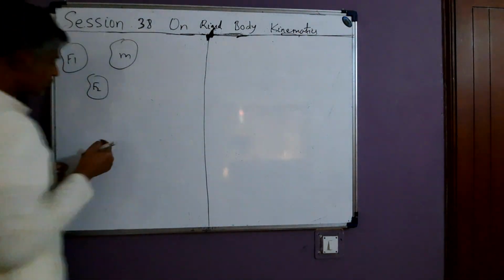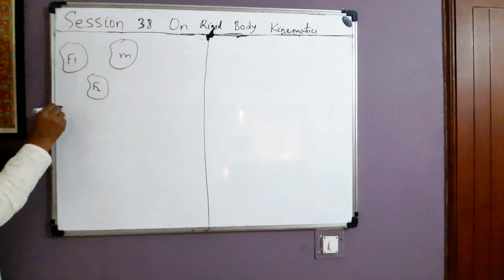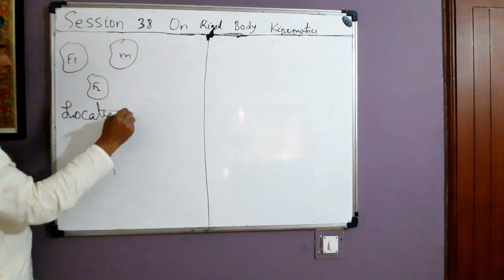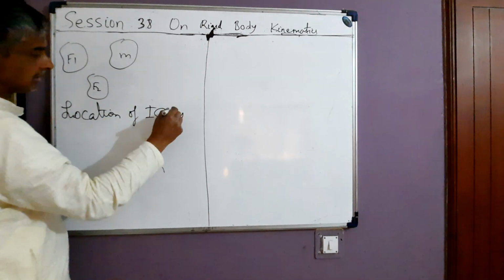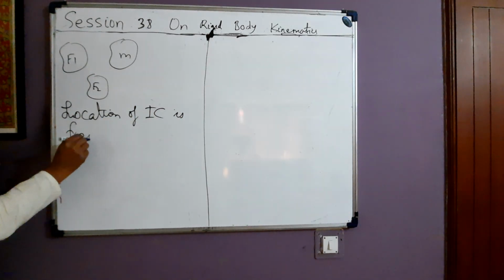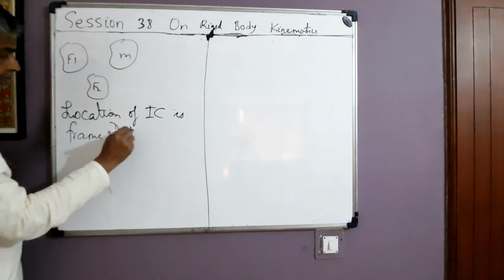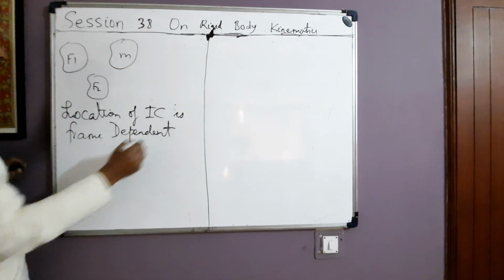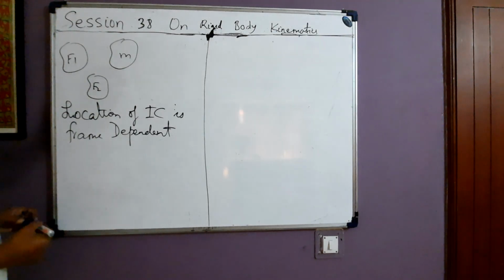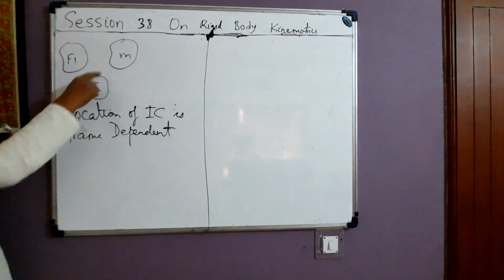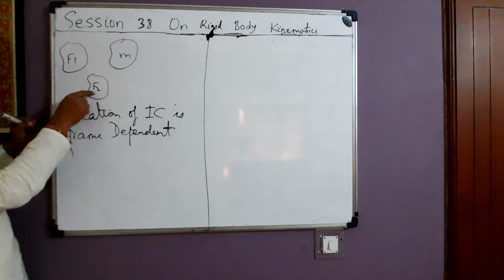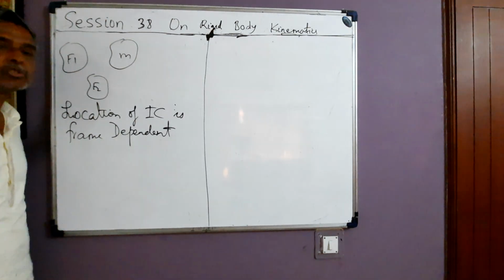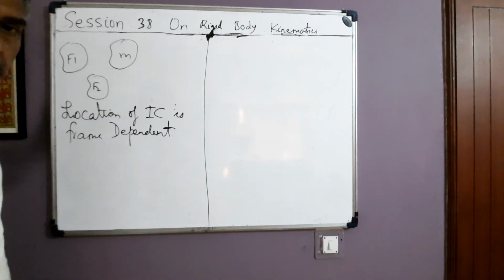So location of IC is frame dependent. That is, location of IC of M as seen from two different frames F1, F2 will in general not coincide.